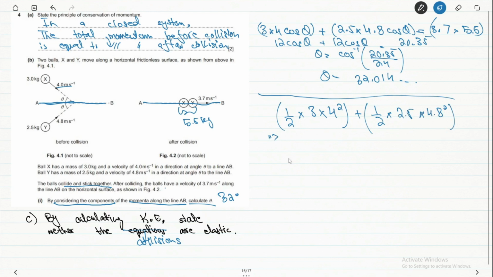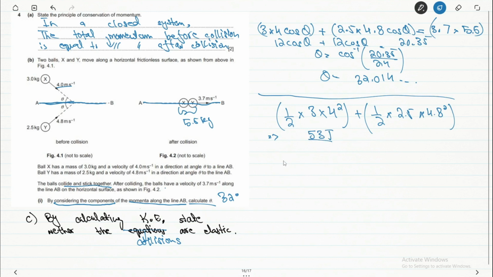So this comes down to 53 joules, right? 53 joules.